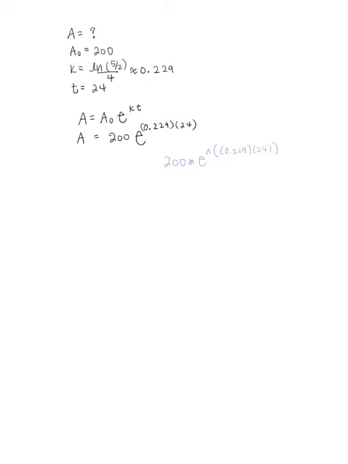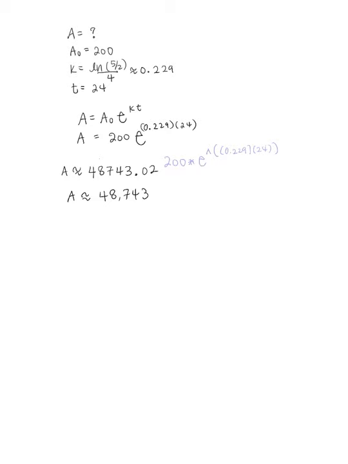All right, so let me type that in. So we got e to the 0.229 times 24, parentheses closed, and then I hit enter. Then what I got was, let me see, our A is approximately 48743.02. So it looks like our A, which is the number of bacteria after 24 hours, is going to be 48,743.